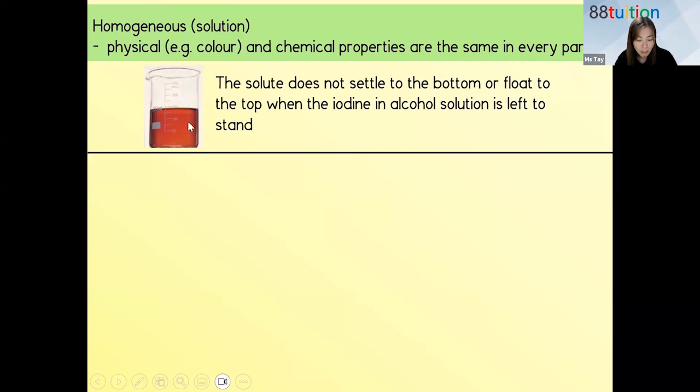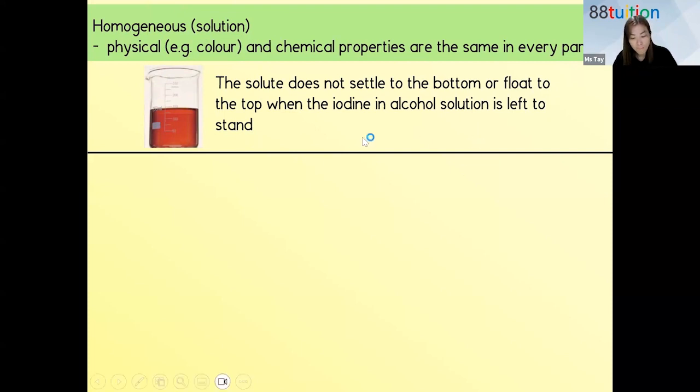What do you see about the color? It is evenly distributed. You don't see corners that are darker. Here looks darker because of the curvature of the beaker, not because there is more iodine there.